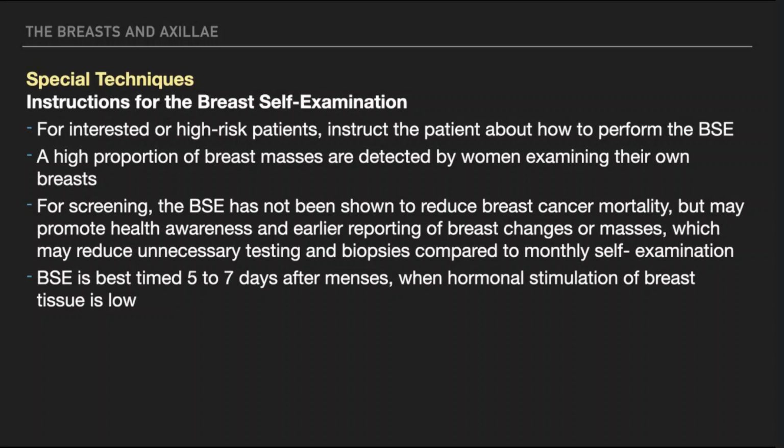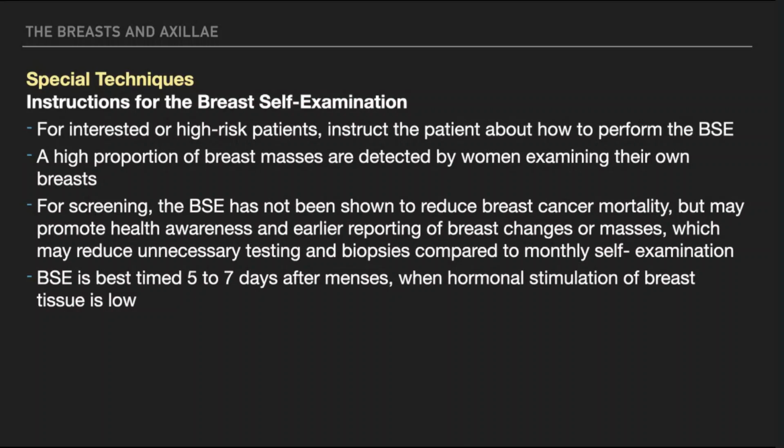So for the reporting of these breast findings, this is how we usually report it. For the normal: both breasts are symmetric, smooth without nodules or masses, nipples without discharge. Axillary adenopathy is usually included in the next section.